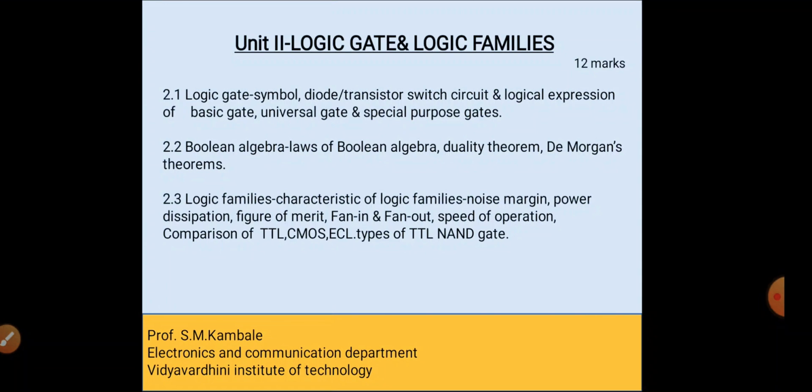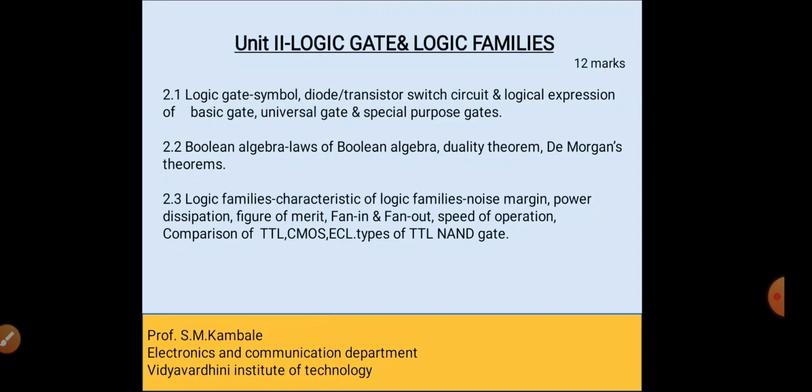Here we discuss the symbol, diode, transistor, switching circuit, and logical expressions of basic gates, universal gates and special purpose gates. Basic gates are nothing but the AND gate, OR gate and NOT gate. Universal gates are nothing but the NAND gate and NOR gate. And special purpose gates are also called derived gates, that is XOR gate and XNOR gate.